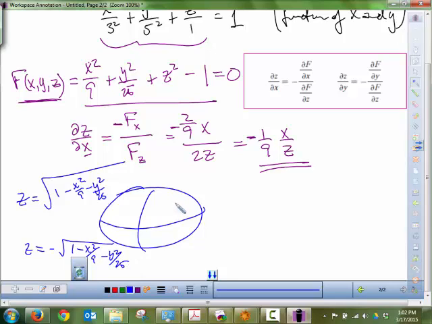So now, if we're interested in finding the slope at some point, for that we have to give the actual point. Let's say some point. And then you find the derivative in the x direction. The slope of this line going in the x direction, that's what this is, or this will help you find it.